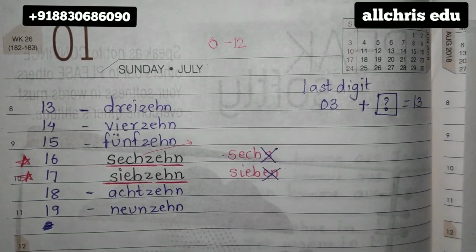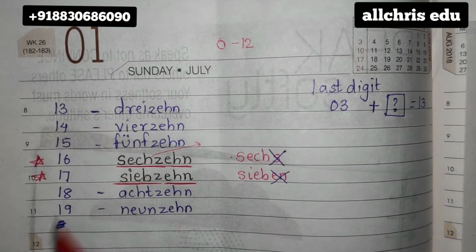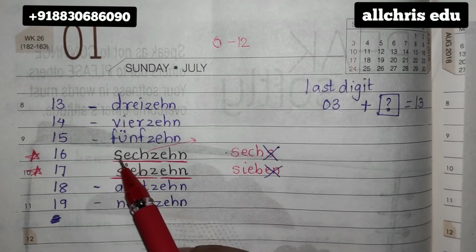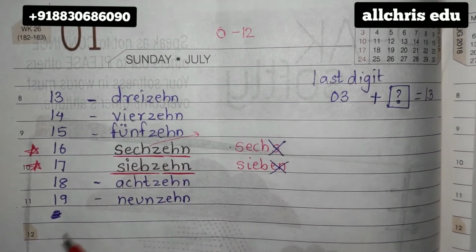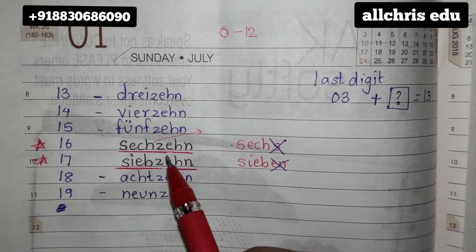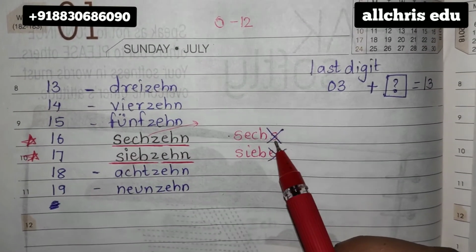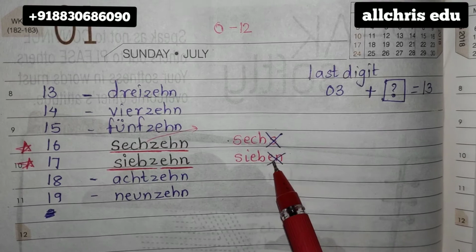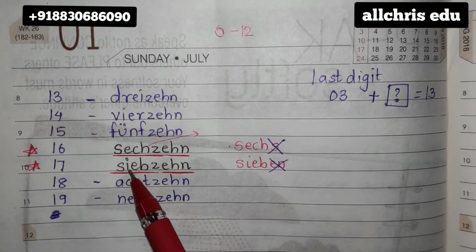You can write sh in your native language with a pencil. Sechzehn. This Z is already there, and CH is sh over here, not k. Sechzehn. Now when you are cutting S over here, you have to cut something here also, that is EN. It becomes siebzehn.